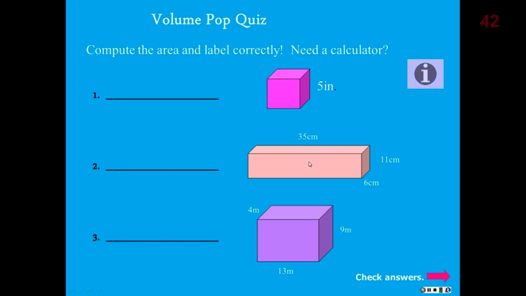And then what about number 2? 35, 11, and 6, for those of you that can't see back in the back. 35 centimeters times 11 centimeters times 6 centimeters. 2,000 what? 2,365. And what about the last one? 4 times 13 times 9.